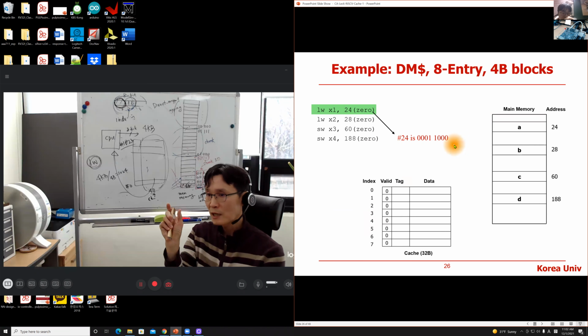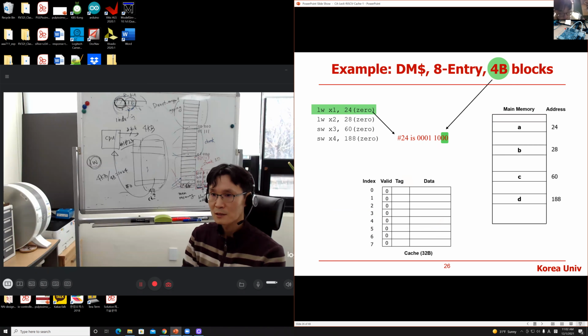You need to get the block address. To get the block address, how many bits do you have to ignore? The block size is 4 bytes, so you ignore the last 2 bits. We are not going to use the last 2 bits. The remaining 6 bits will be used to index the cache.